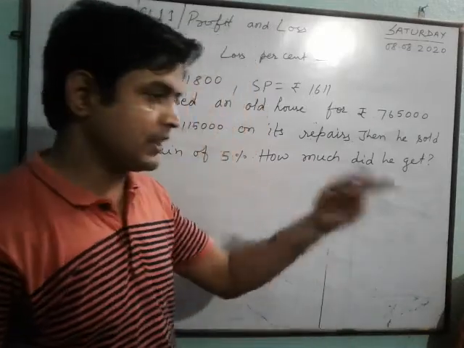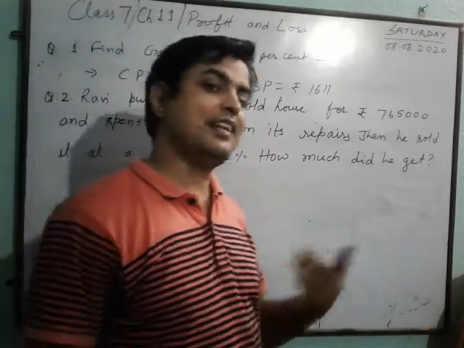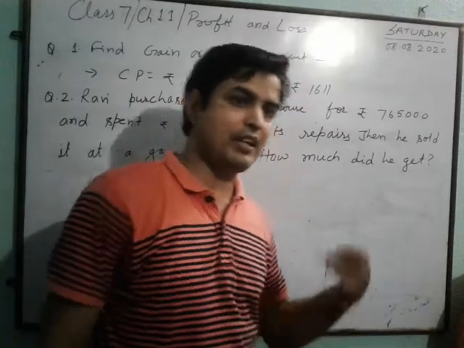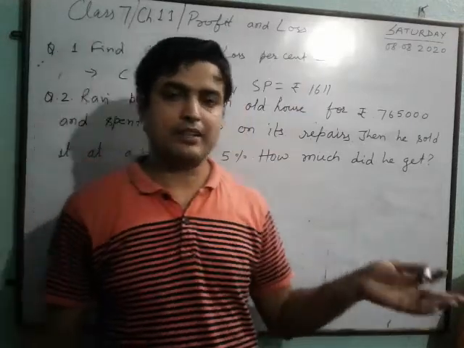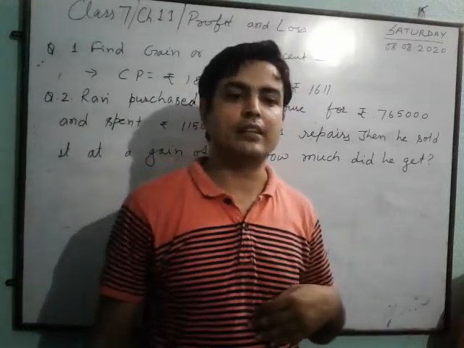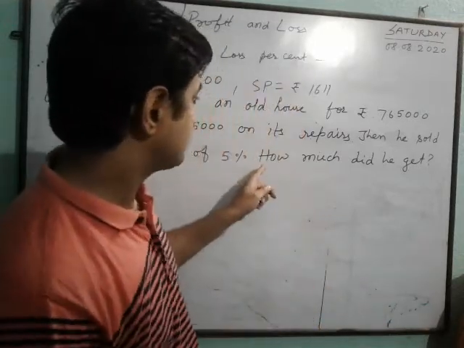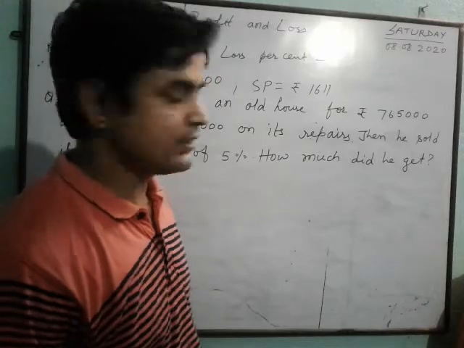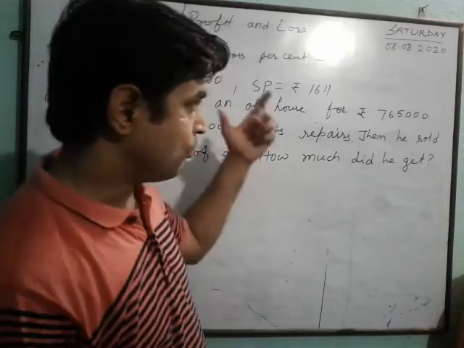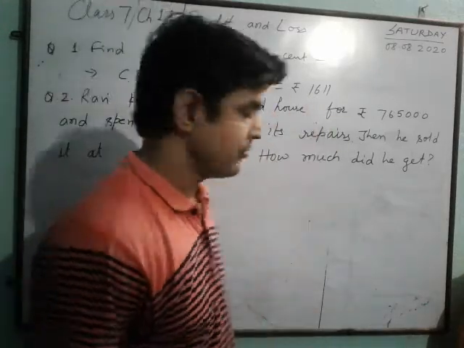And after selling, whatever we get is selling price. After selling a thing, an article, whatever it is, whatever amount of money we get is selling price. So here we have to find the selling price. First, note what has been given.